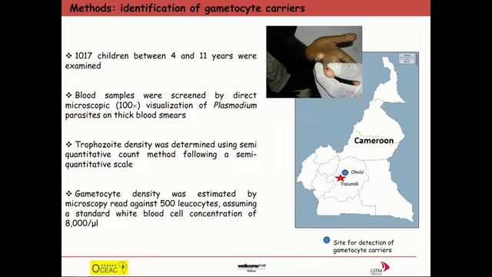The blood sample was screened by direct microscopy, visualization of Plasmodium parasites on thick blood smears. We quantified trophozoite density using the semi-quantitative count method, and gametocyte density was estimated by microscopic reading against 500 leukocytes, assuming a standard white blood cell concentration of 8,000 per microliter.